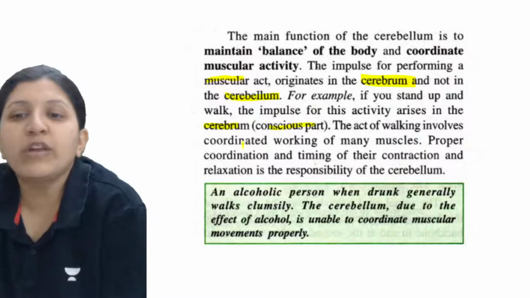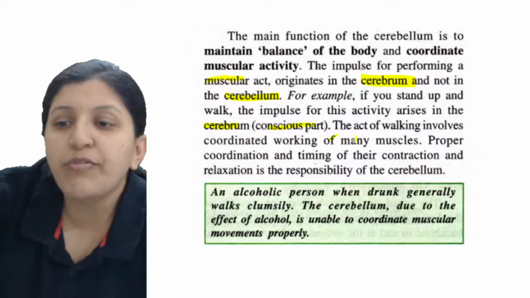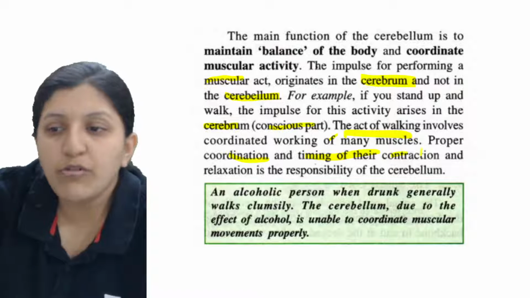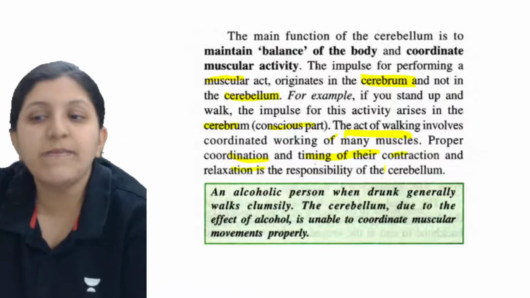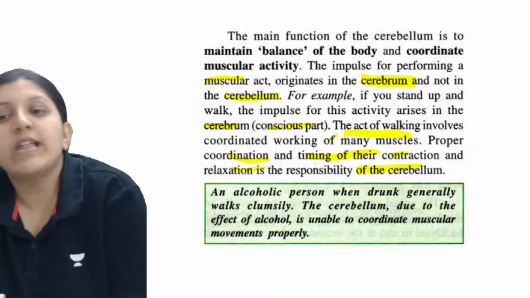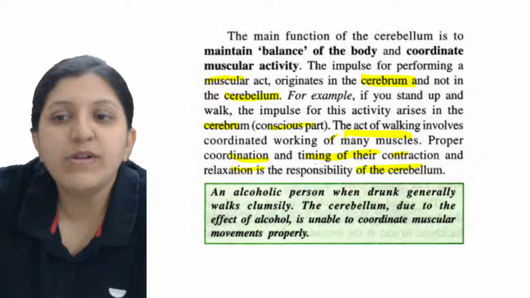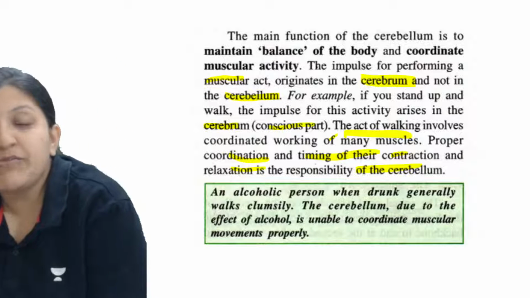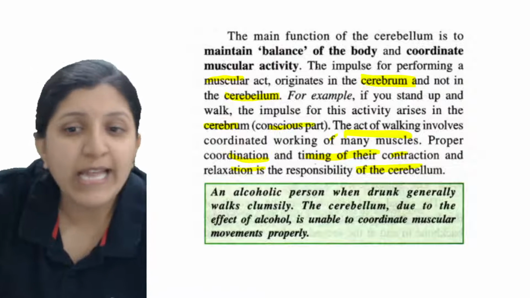The act of walking involves coordinated working of many muscles. Proper coordination and timing of their contraction and relaxation is the responsibility of the cerebellum. So proper walking is possible, or we can say muscular coordination can be seen with respect to the right side of the body and the left side.